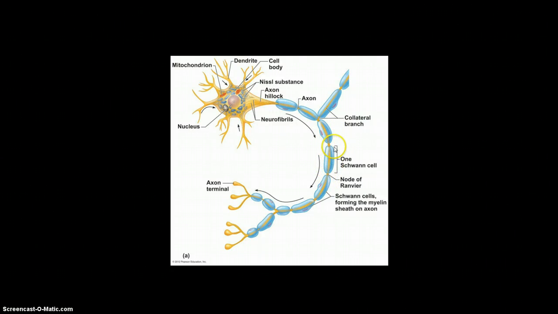It is a very fatty, tough substance that wraps around the axon. And by the way, these little purple things are the nuclei of the Schwann cells. And they wrap around in such a way as to provide an external fatty myelin sheath to protect the axon from shorting out.